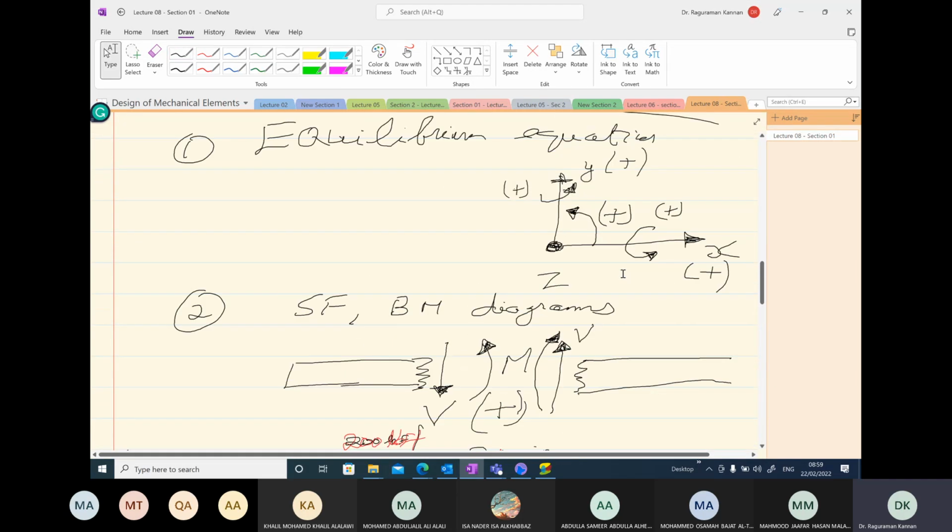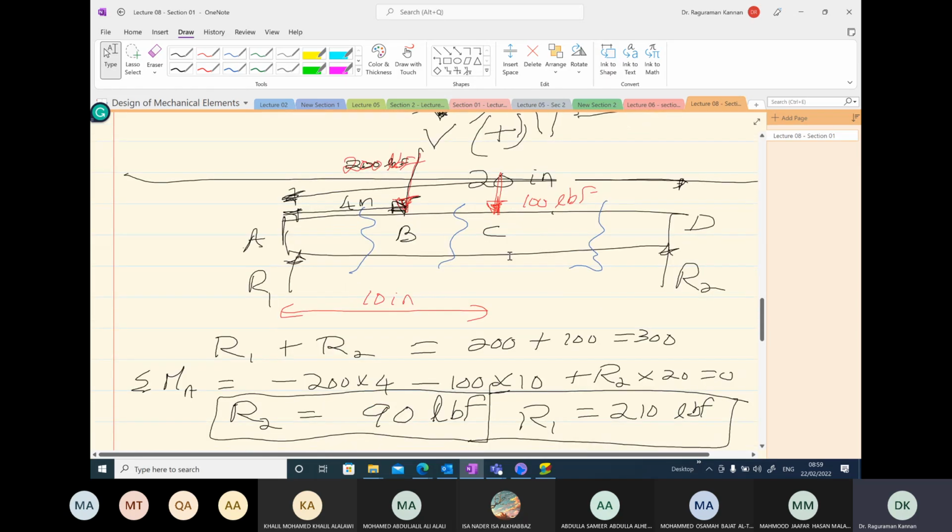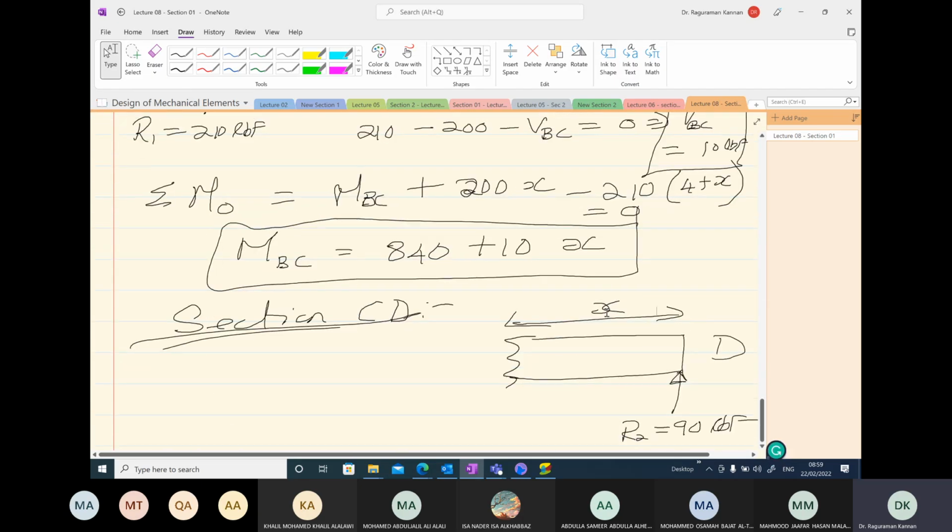What is the limit of this distance? X, between C and D, the total distance is 10 inches because the total length is 20. Up till the point C, it is 10. So we have 10 inches here. Okay, so your X varies between the values 0 and 10 inches.